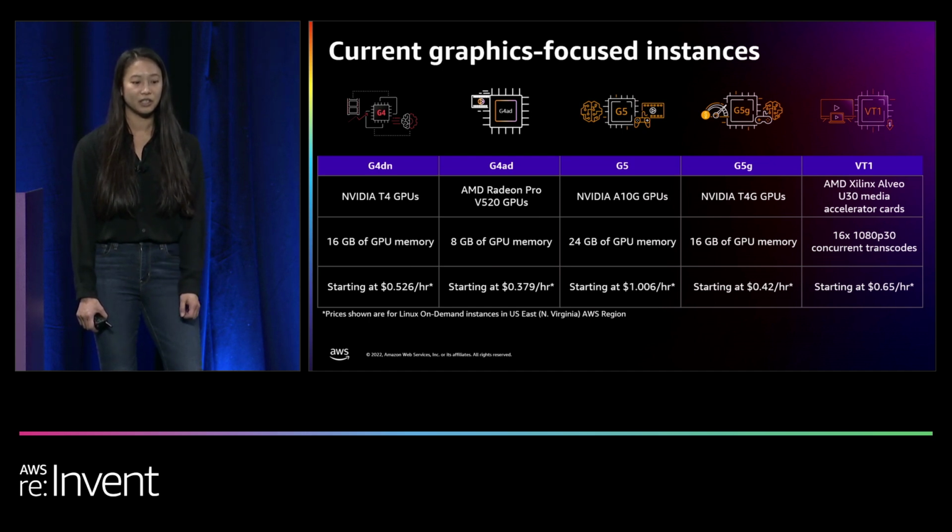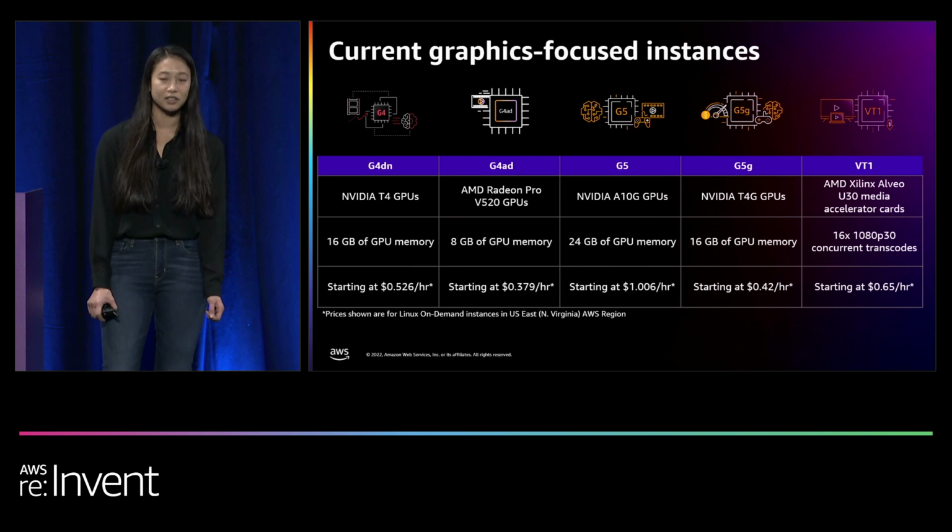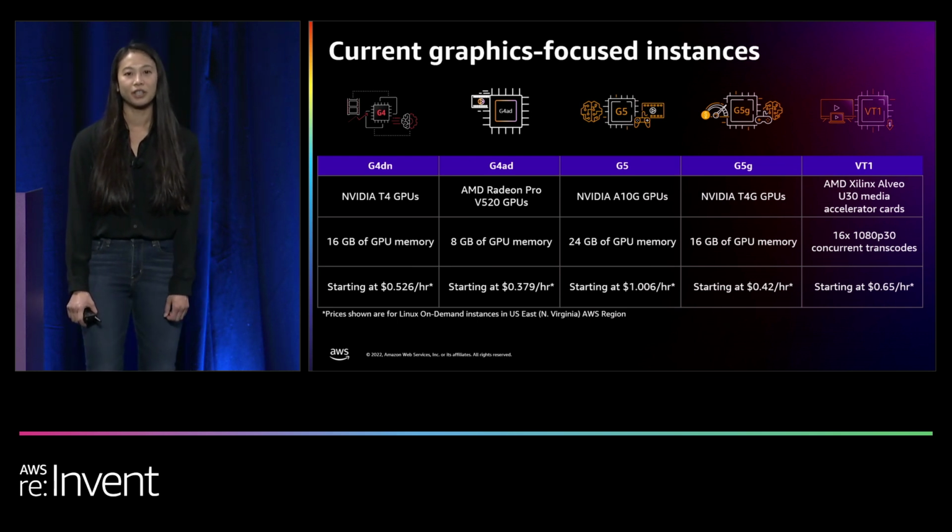With the G5G instances, customers can not only lower costs for their existing workloads running on GPU instances like G4dn, but they can also start running cost-efficient Android game streaming applications on a single instance without any emulators.